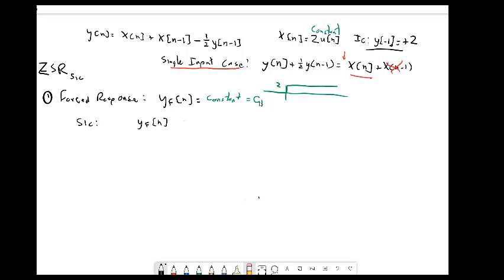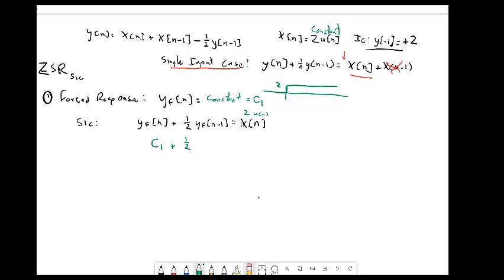If I replace y of n with y forced, it has to be true that y forced plus 1/2 y forced of n minus 1 has to be equal to the actual input x sub n that I know is 2, or 2u of n if you prefer. And y forced, I said, is C1.